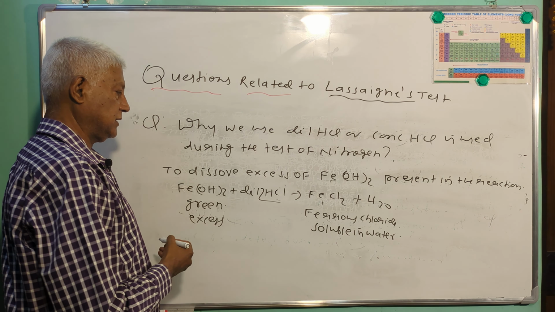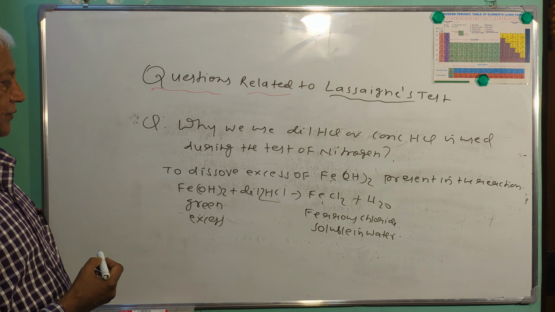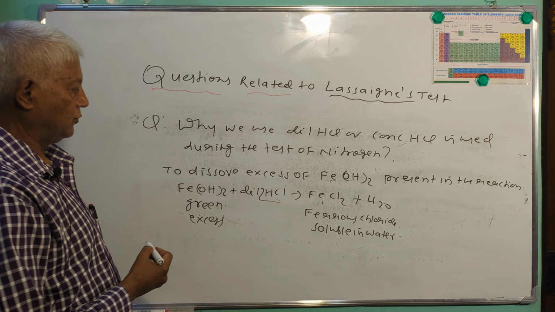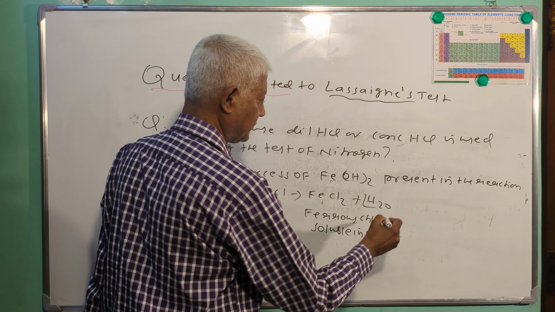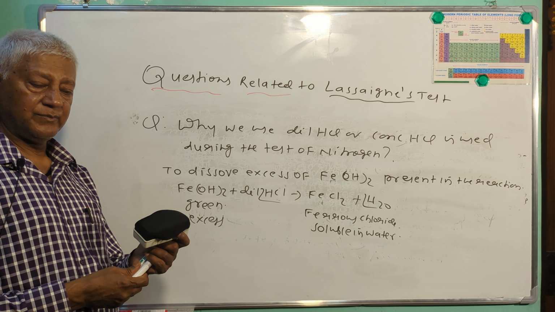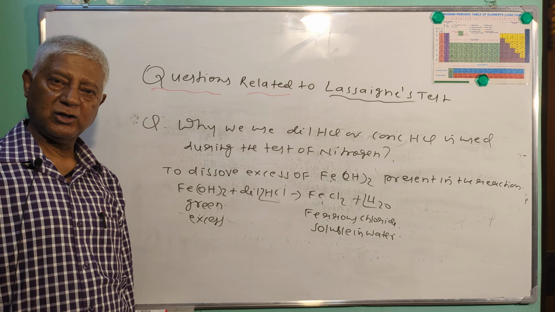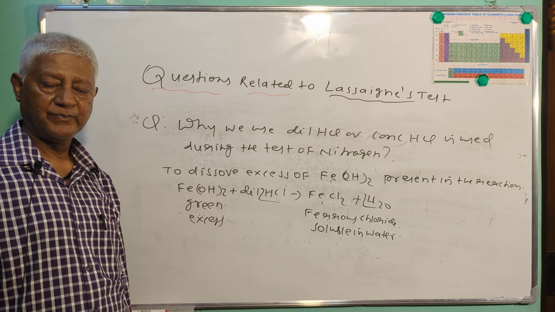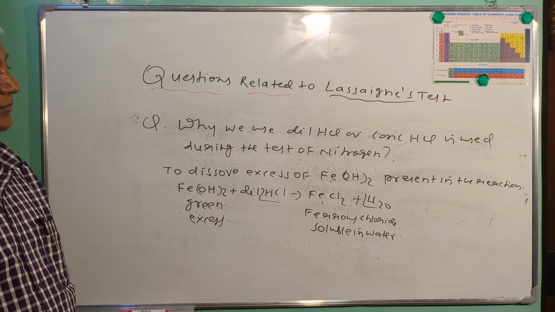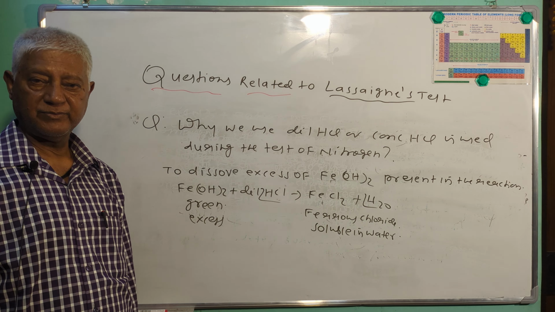Fe(OH)2 + 2HCl gives FeCl2 + 2H2O. I have already taught you many reactions, how to balance chemical equations and how to write molecular formulas. I have many techniques for balancing chemical equations, so we have to see all of these.